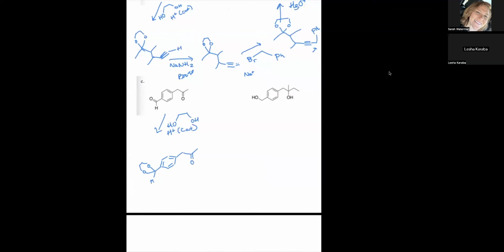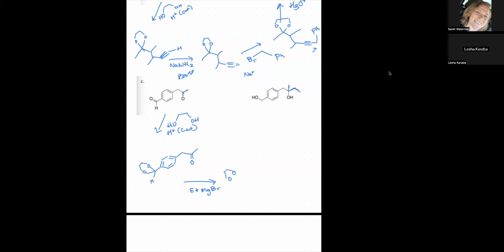There we go. Perfect. And then same thing, we want to make that carbon-carbon bond, so we do that by using our Grignard reagent. We already have a methyl here and a methyl here, so in this case we just want to add an ethyl. So literally it's just EtMgBr, and that's what adds that.